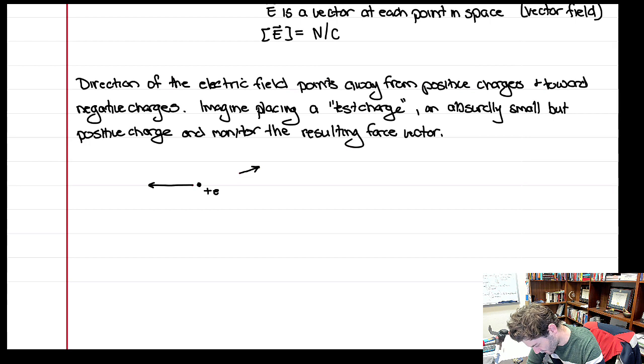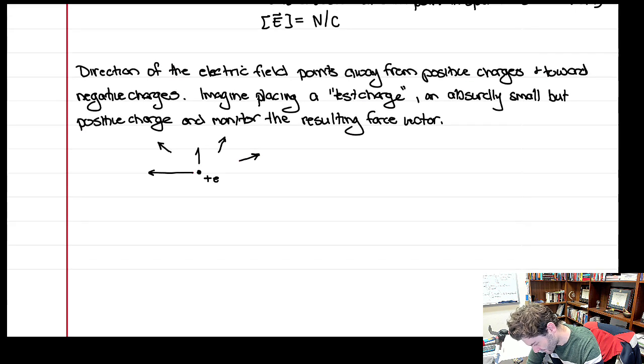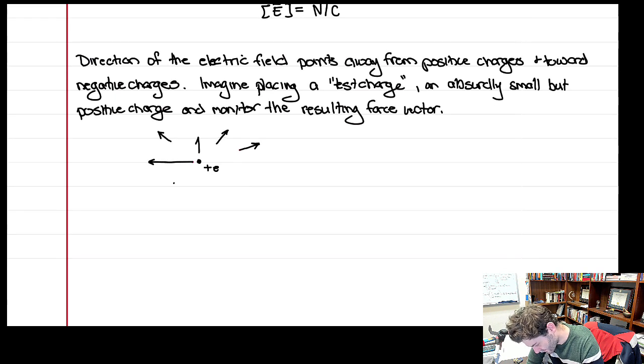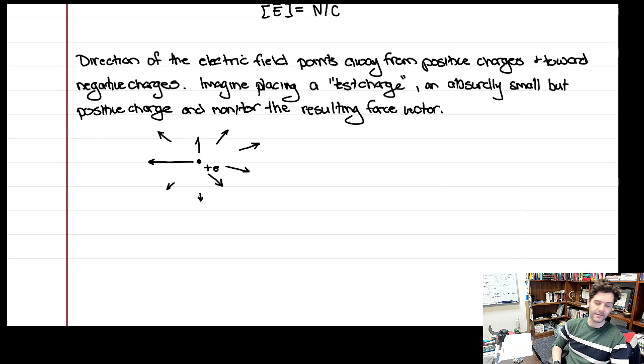And if I'm here, you can imagine picking any random location in space. It's not a very good arrow. You can imagine tracing out the direction, and if we're careful, we can also quantify the magnitude, the length of the arrow, of the electric field. Again, it points in the direction that a positive test charge would experience.